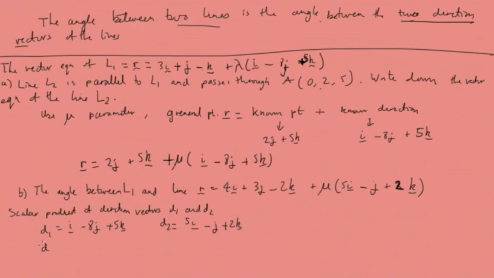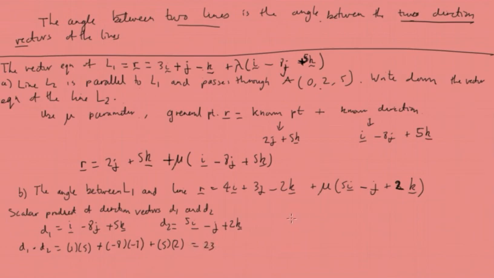So the magnitude of D1 is, actually no, we want to do the dot product first. So we've got D1 dot D2, and again that's going to be 1 times 5 plus minus 8 times minus 1 plus 5 times 2, and that gives us 23.